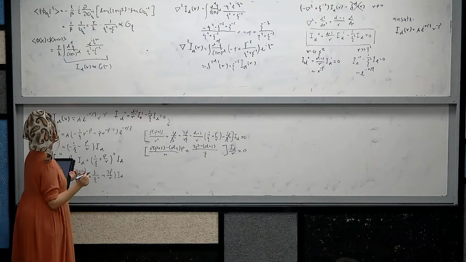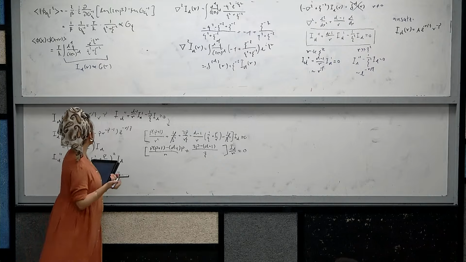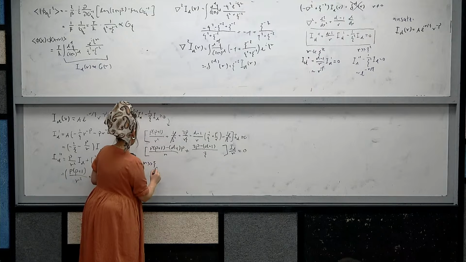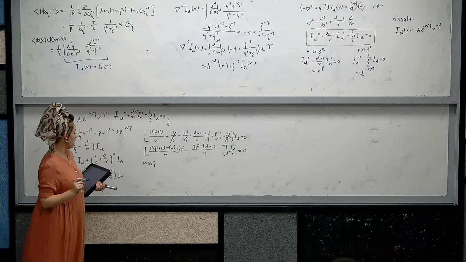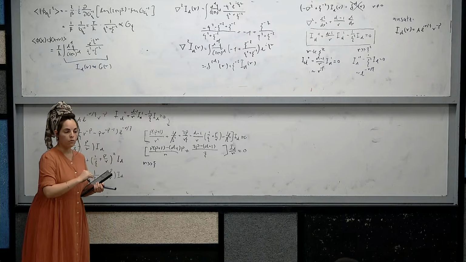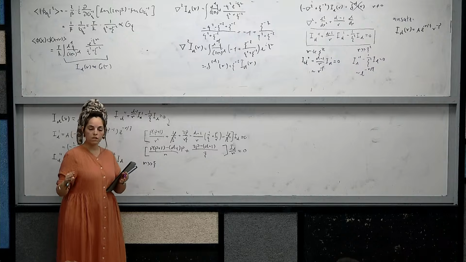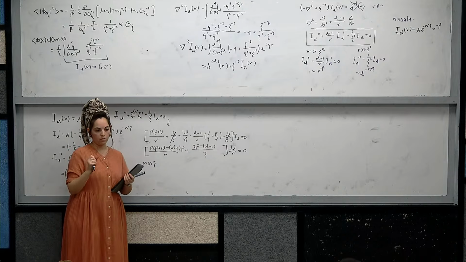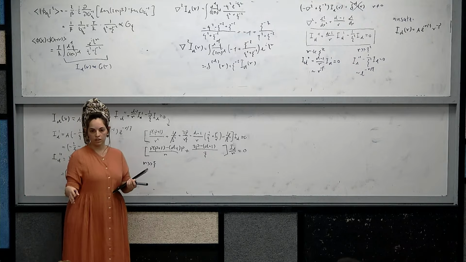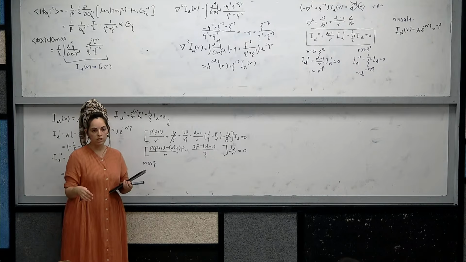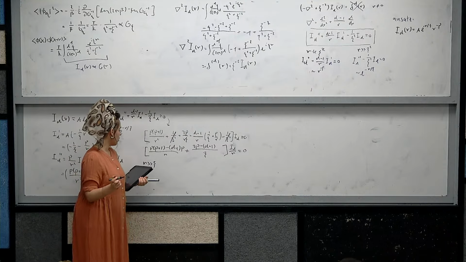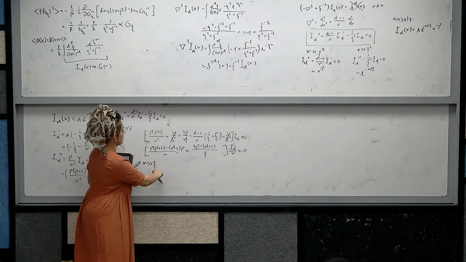If we look at r that is larger than xi, it means that we are very far: the distance between the fluctuations and the point we are looking at is much larger than the correlation length. It means that we should not feel the fluctuation. So what happens in such a case?